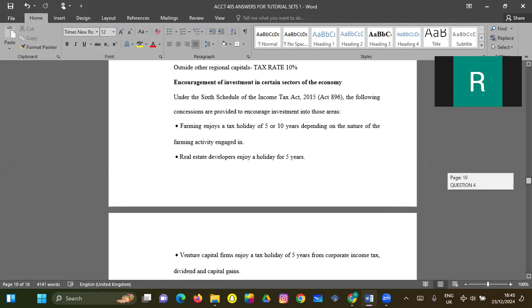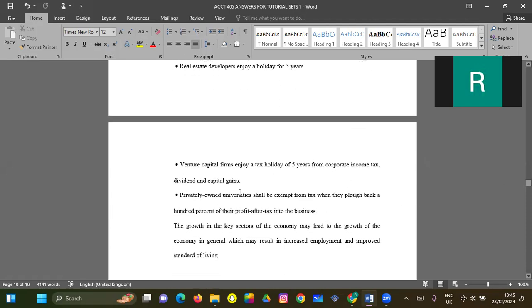And venture capital firms also enjoy tax holidays of 5 years from corporate income tax, dividend and capital gains. Then privately owned investors shall be exempt from tax when they plow back 100% of their profits after tax into the business.